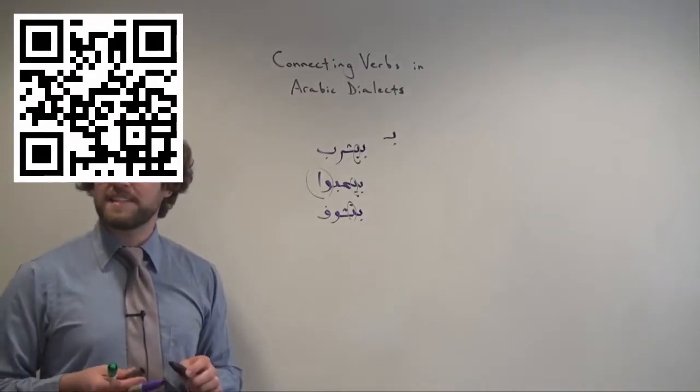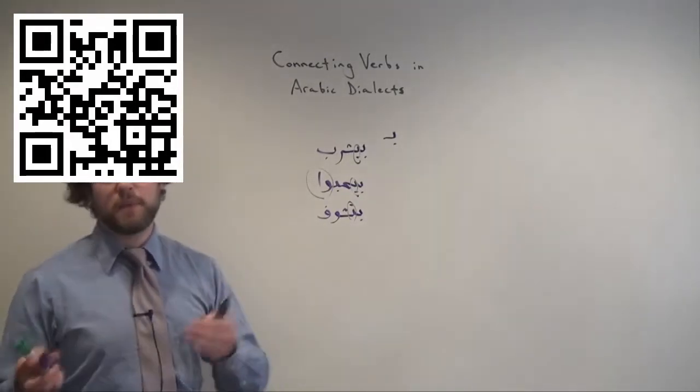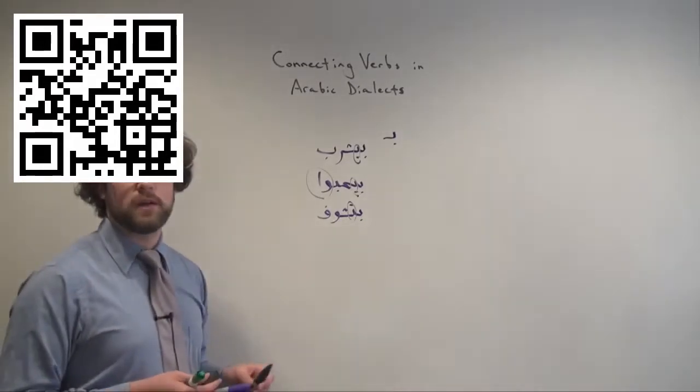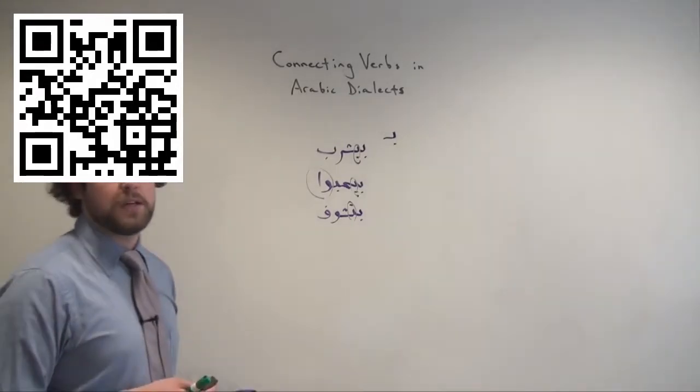So if we're constructing a sentence with a main and a dependent verb, we're usually going to drop that ba prefix on the dependent verbs of the sentence.